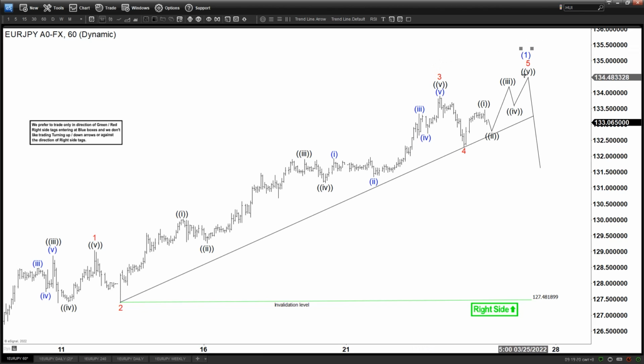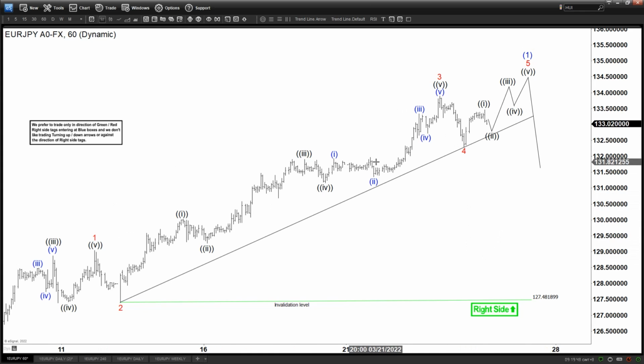But the idea is, we will be ending this wave 1 soon as a 5 waves and get a little bit bigger pullback, but since the trend is higher, you should not try to pick the top. What you need to do is wait to see the pullback happen, and then we can look to buy the dips. So that's the whole idea when you look at this chart.